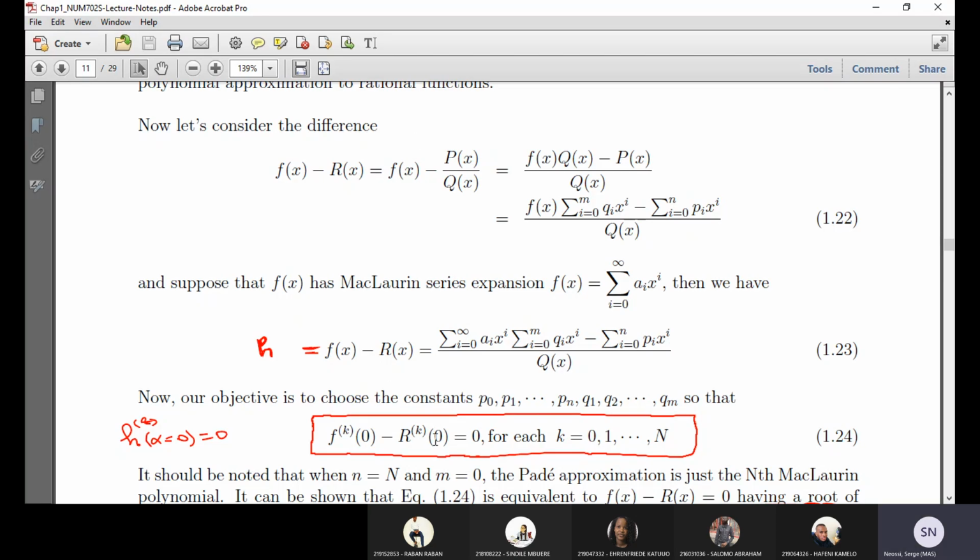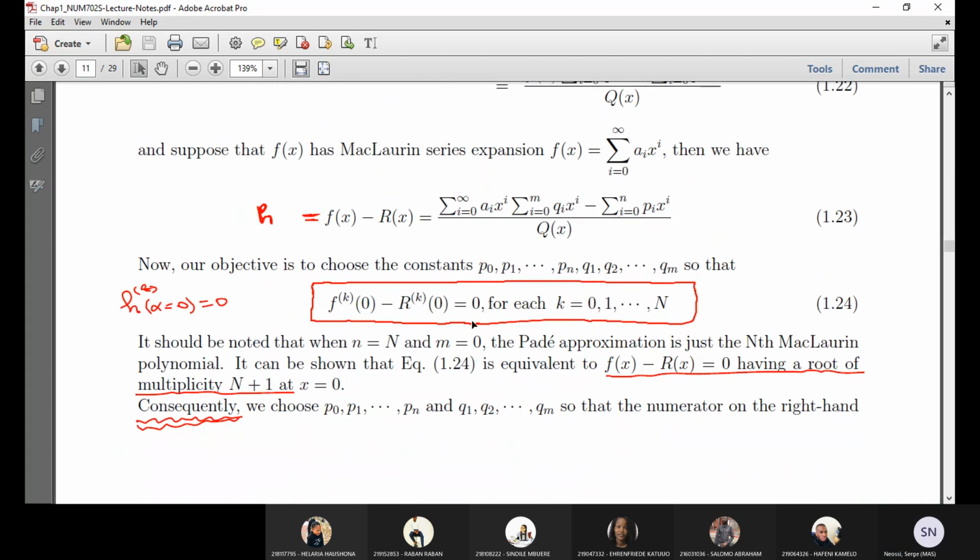For this to be true, it has to be true also for the numerator, because if you set a polynomial of this to be 0, it means that it's the numerator that is also 0.